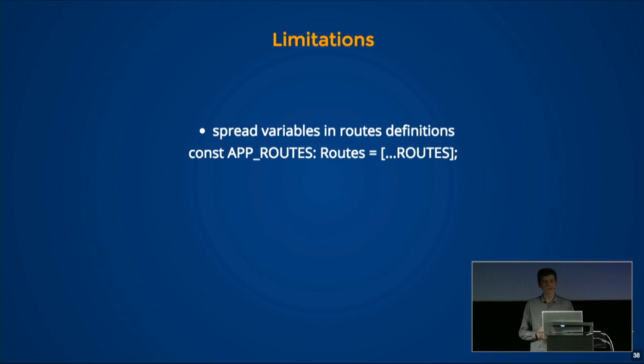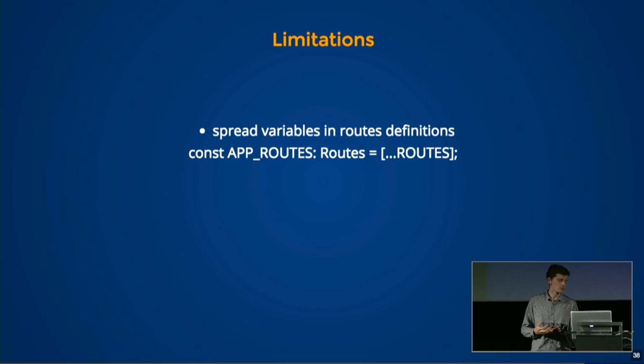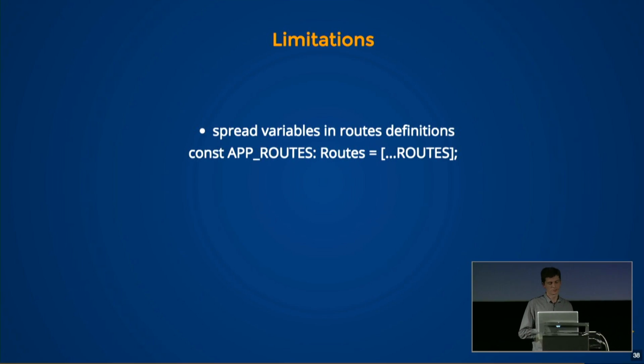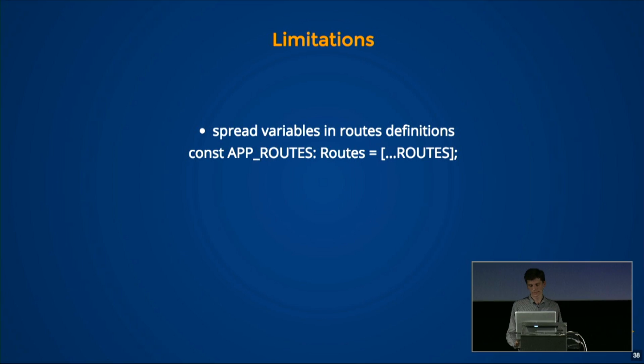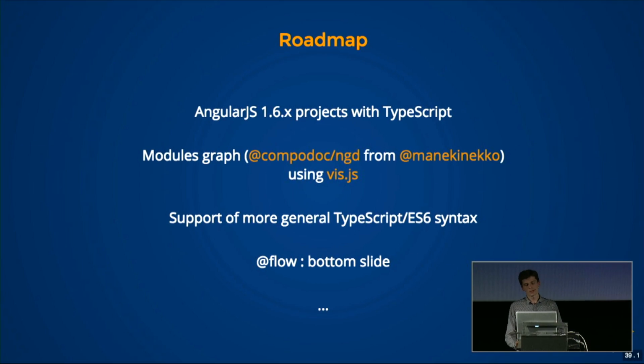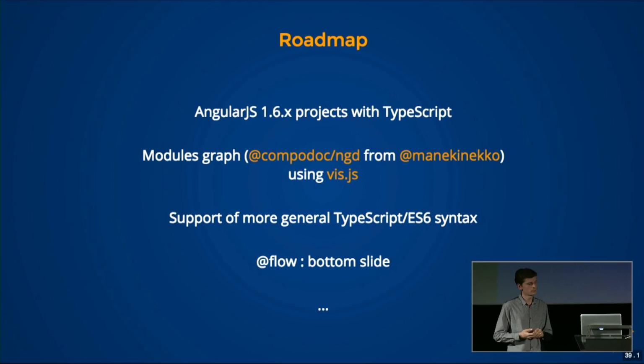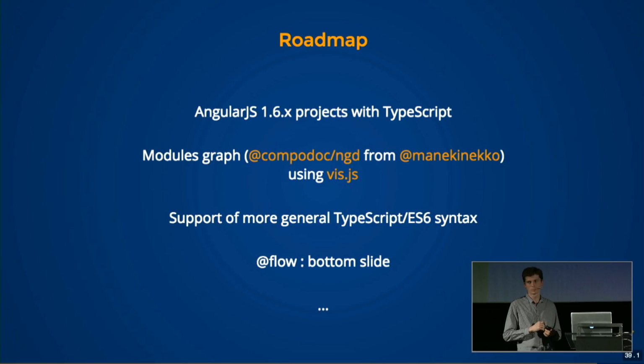Current limitations we have are support of spread variables in root definitions, and more globally in other code we are just parsing, so we are working on it. The roadmap for the next months is maybe to support Angular 6 projects with TypeScript, because we are just parsing your code and not compiling it.